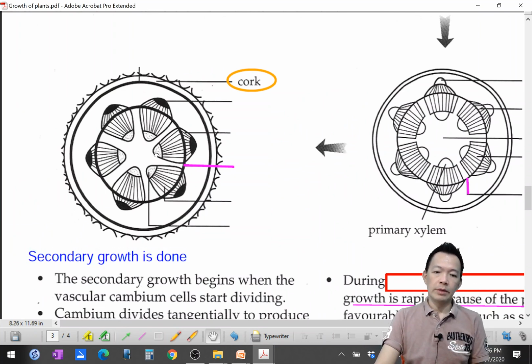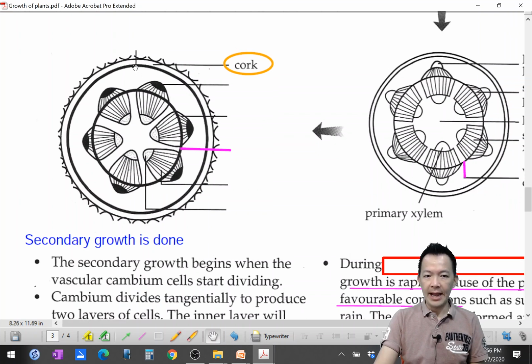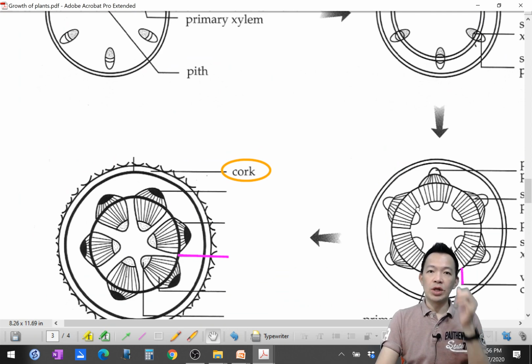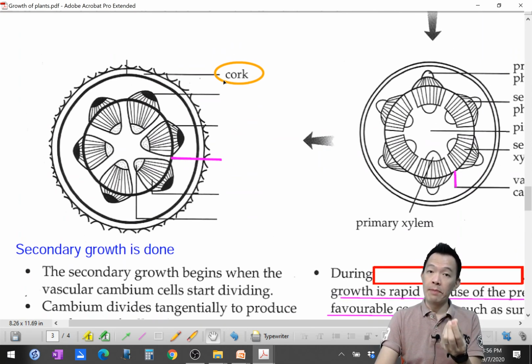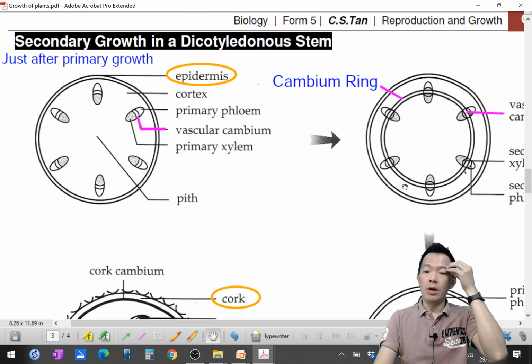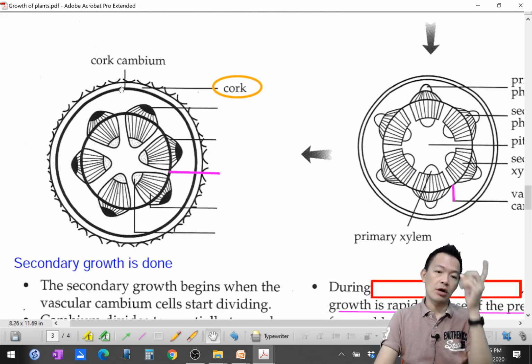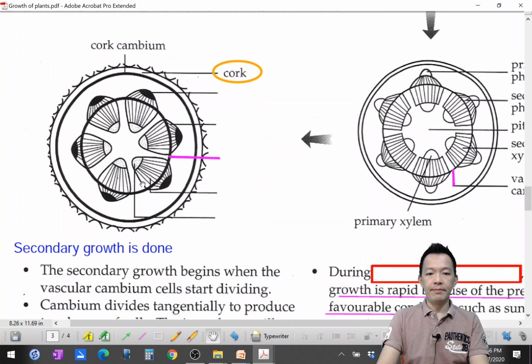So it continues to grow until the end of the secondary growth. The stem will look like this. Cork will be formed. The epidermis, originally tender, at the end of the secondary growth will become cork. Under the cork there is a layer of cork cambium, newly formed, which was not there originally.